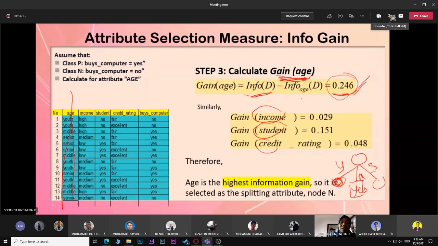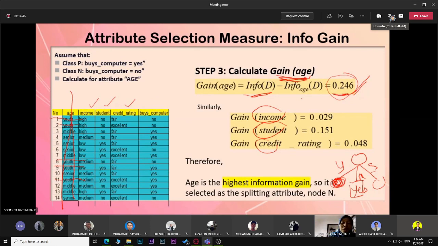Okay, so it will check under this root, meaning under the root of youth only. Under the root of youth, it will use this record and this record. So it will use 1, 2, 3, 4, 5 records here, and based on income, student, credit, which will best split the data set.